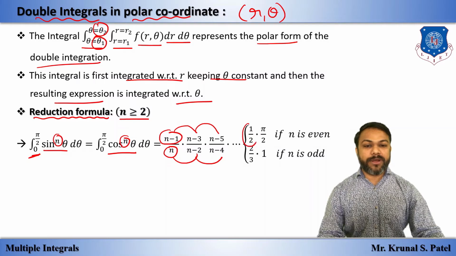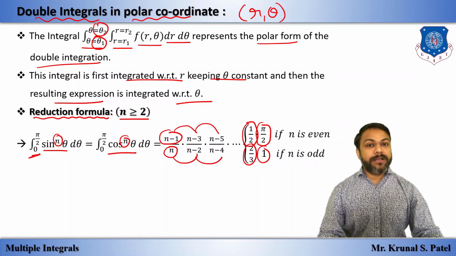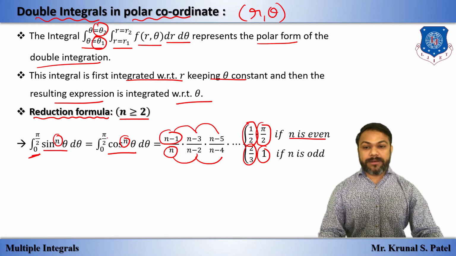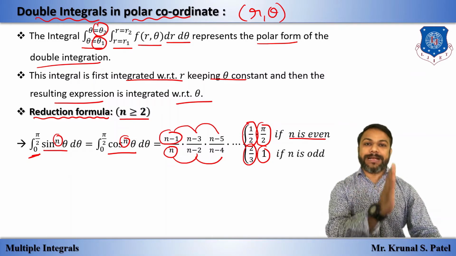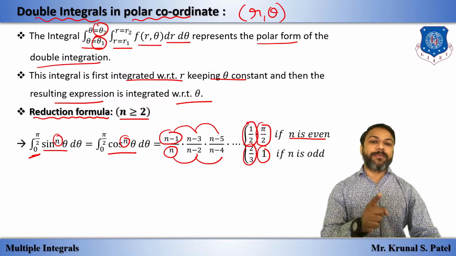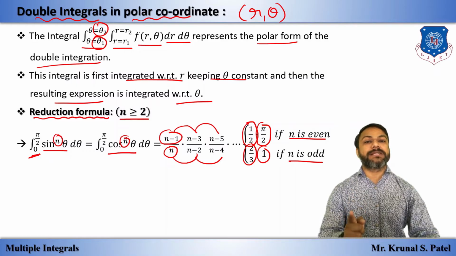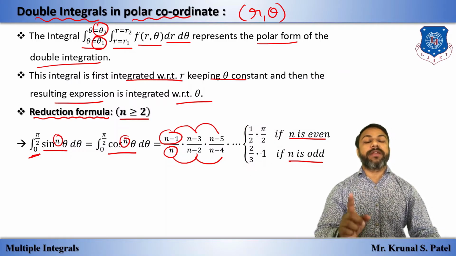If we get 1 by 2, then put pi by 2, and if we get 2 by 3, then multiply by 1. If the power n is even, you will always get 1 by 2 as the last term, so we multiply with pi by 2. And if n is odd, the last term will be 2 by 3 and we multiply with 1. This is the concept of the reduction formula.